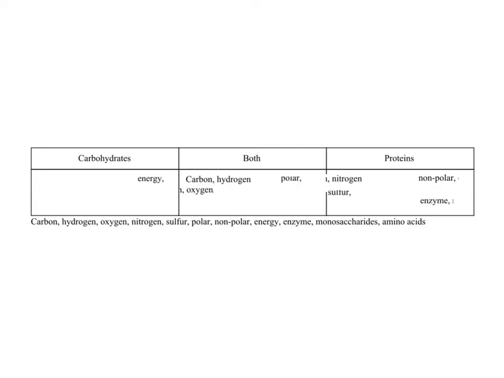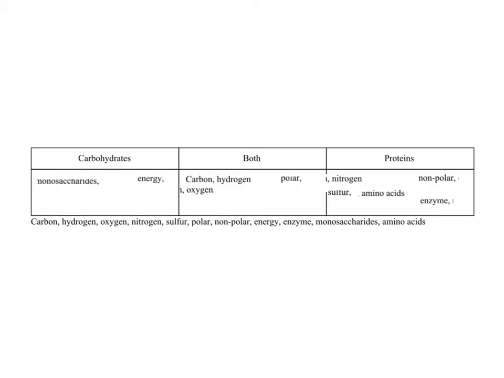So that goes with proteins. Monosaccharides, you'll remember from the last one, are a single sugar, so a type of carbohydrate. And amino acids are the single pieces, just like monosaccharides for carbohydrates, that make up proteins, so they get to go in the protein box.